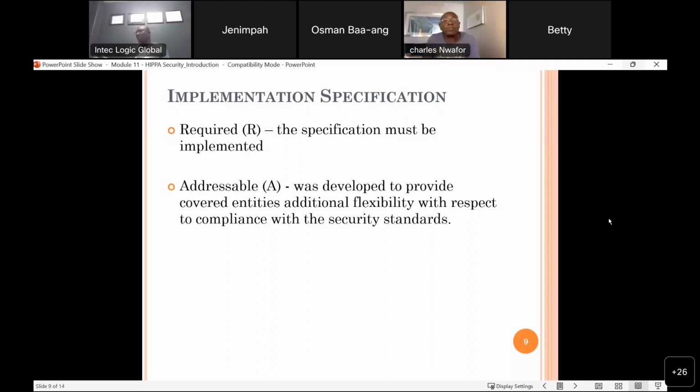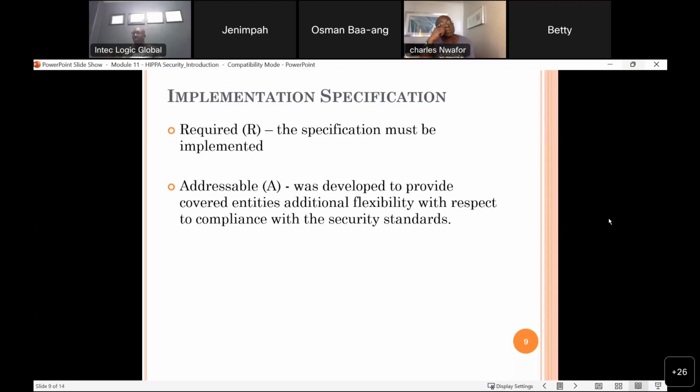An addressable example can be that it says lock the server room. HIPAA is not being strict that you use only an access card to enter the server room so that it keeps logs of people who go in and come out. HIPAA can say, it is addressable.